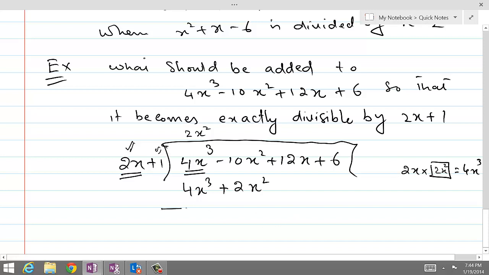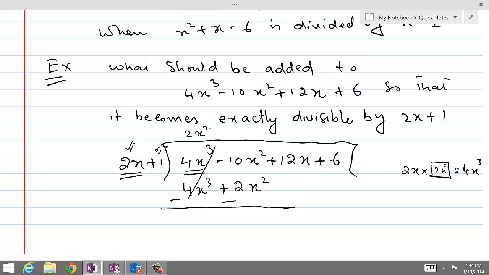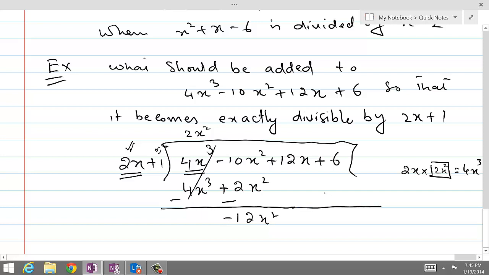Now draw the line, change the signs, and then take away 4x cubed from 4x cubed. What leaves us behind is minus 10x squared and minus 2x squared. Both are similar signs, so this will give us minus 12x squared. And then bring down these guys here. This will give us plus 12x plus 6.